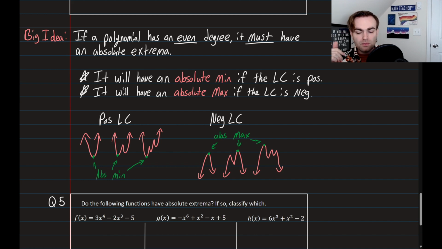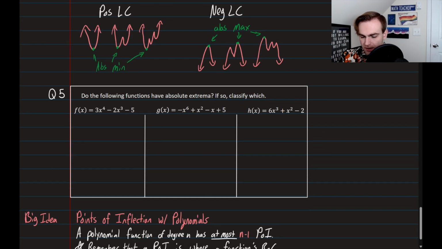And how we determine whether we have an absolute min or absolute max is we look at the leading coefficient. If the leading coefficient is positive, then we're going to have an absolute min somewhere. And if the leading coefficient is negative, we're going to have an absolute max somewhere. We don't necessarily know where it is, but look at the question. Sometimes it's not asking what is it, just is there one?